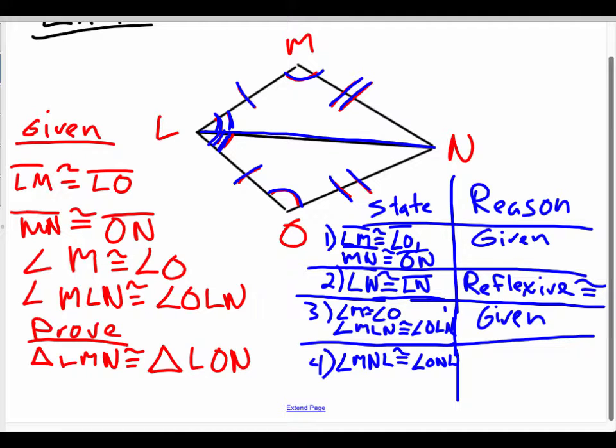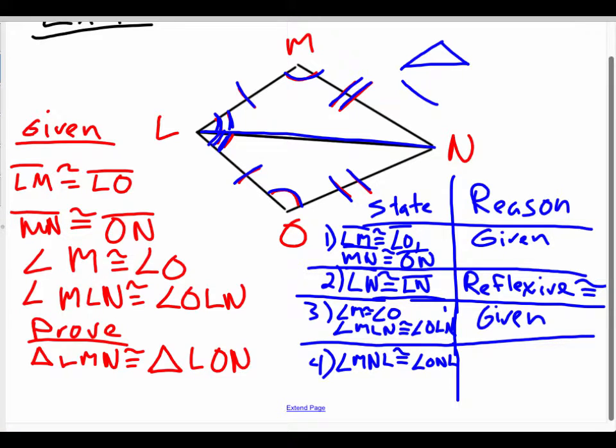So now how would you do that? Since M and O are congruent, is sure the line? No, we're measuring the angles though. Think of it like this. I have a triangle that looks like this.